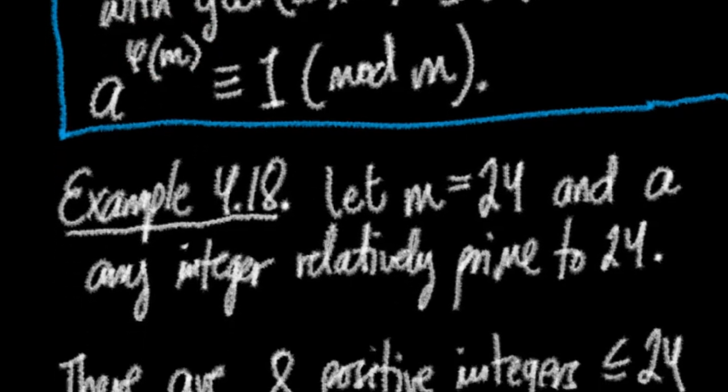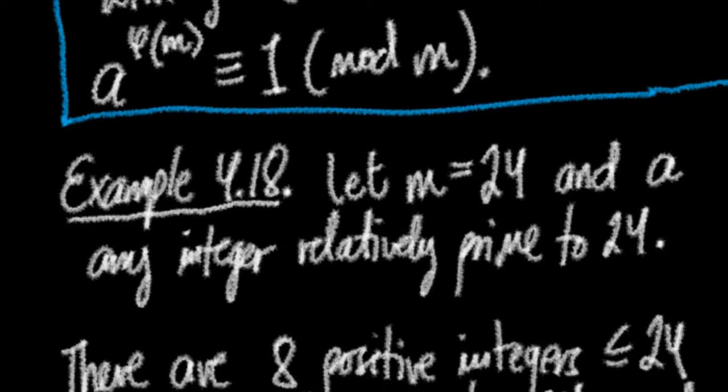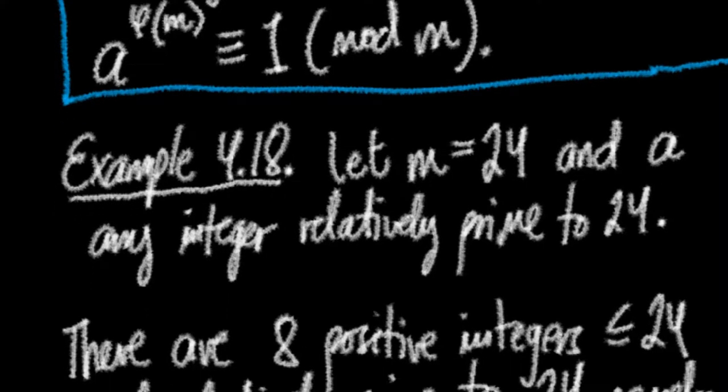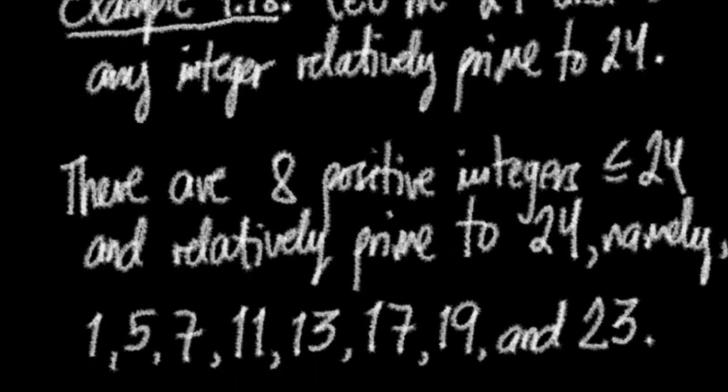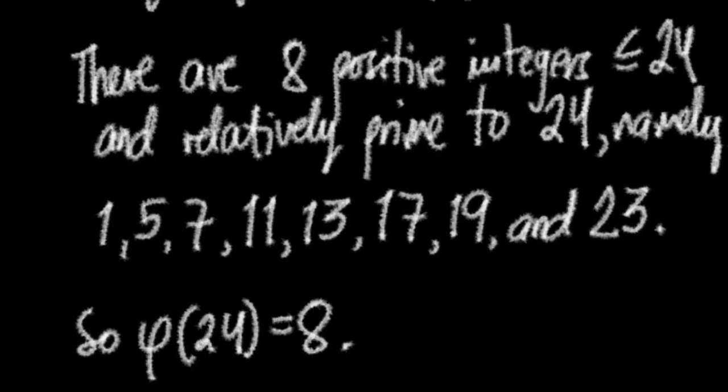There are 8 positive integers less than or equal to 24 that are relatively prime to 24. Namely, these are 1, 5, 7, 11, 13, 17, 19, and 23. Hence, we say that the phi function of 24 is 8.